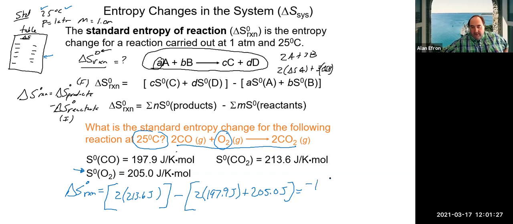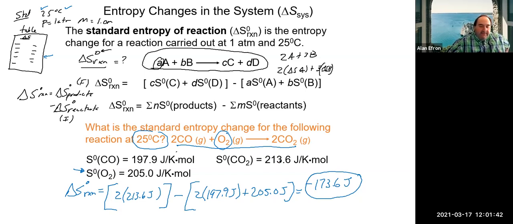And again, the units here would be joules. And that would be our entropy value here. The units would be all those things, joules per Kelvin per mole, but I'll just write joules for now.